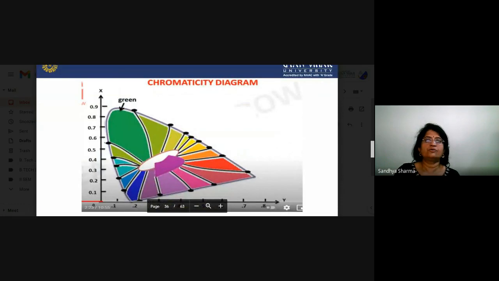So what about the chromaticity diagram? There are three primary colors, RGB. In between the red and green, there are different shades of those combinations.